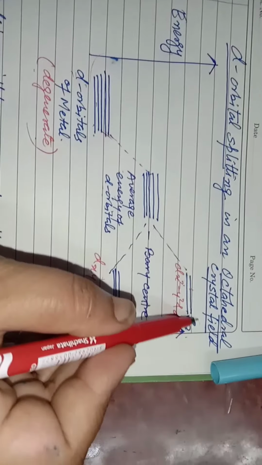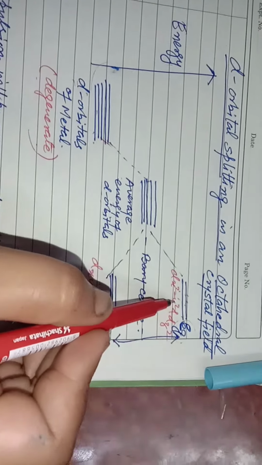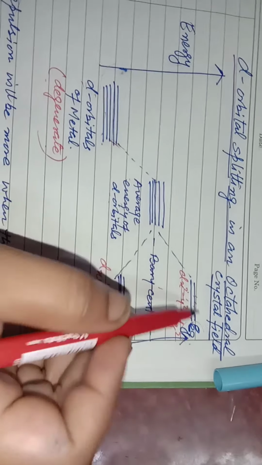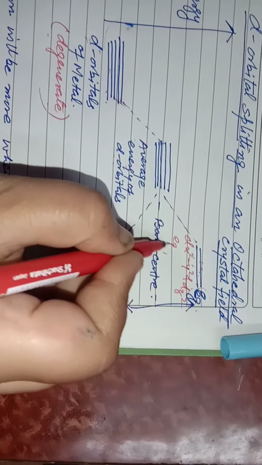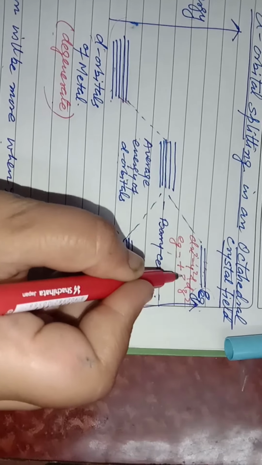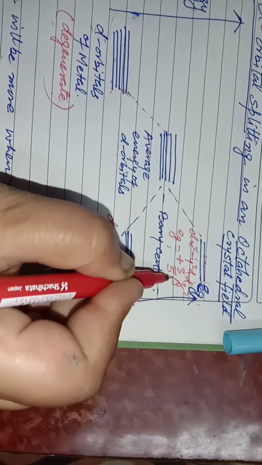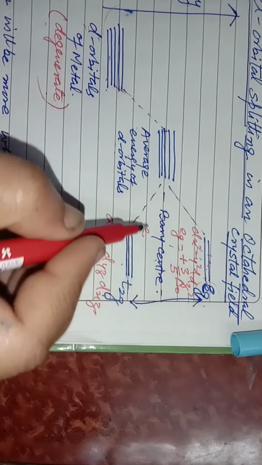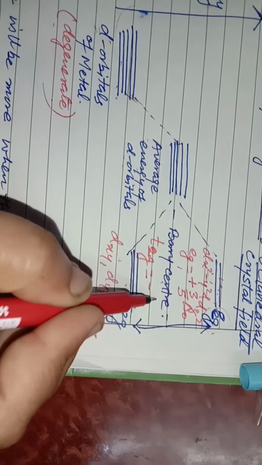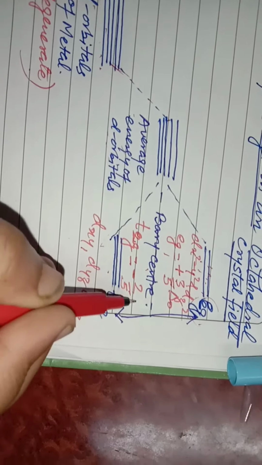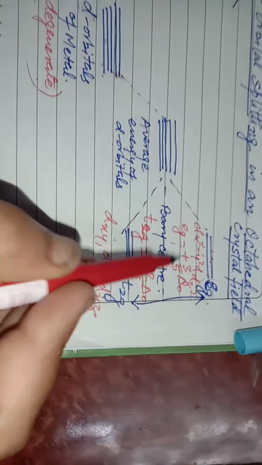The energy of these two d orbitals is lifted by or increased by, here Eg is equal to plus 3/5 delta O, and here the energy decreases by, this is T2g equal to minus 2/5 delta O, 5 indicating that total 5 d orbitals are there.